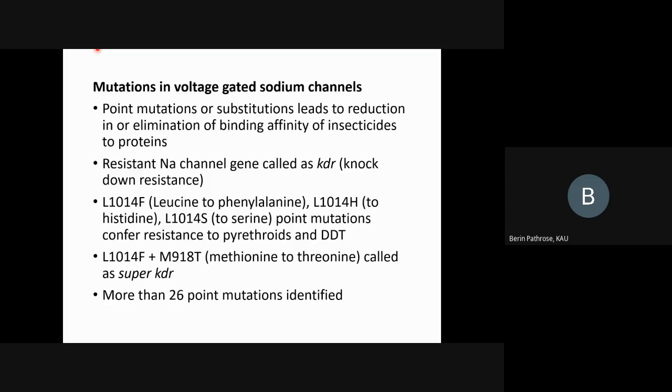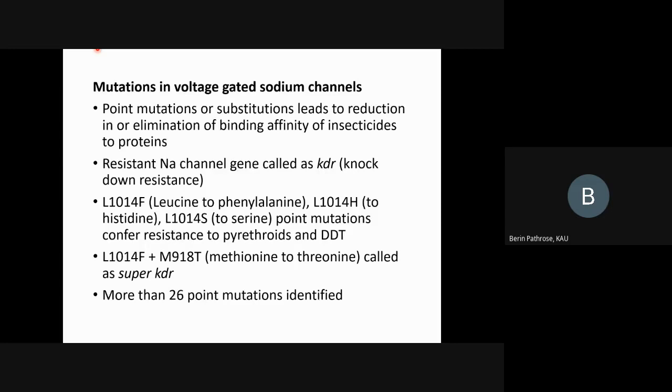But later on, in certain other groups of resistant insects, they found that along with the mutation at 1014 position from leucine to phenylalanine, they also detected a methionine to threonine point mutation at 918 position. So if a resistant insect has both these mutations, at 1014 and 918 positions, those genes with these two point mutations were called super KDR.